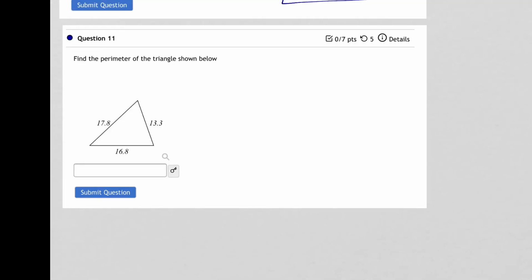Okay, in this question, I'm given a triangle and I want to find the perimeter. Well, the perimeter is just the sum of those sides, right? So the perimeter is just going to be 13.3 plus 16.8 plus 17.8.